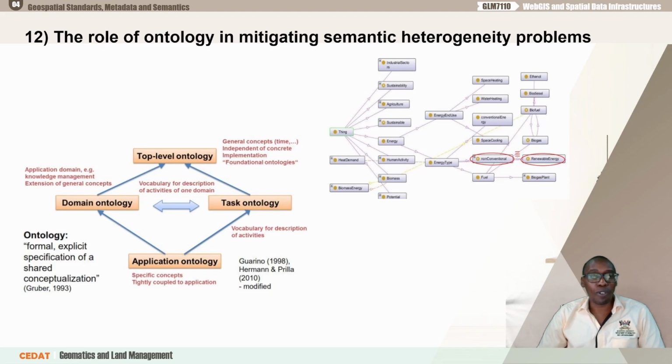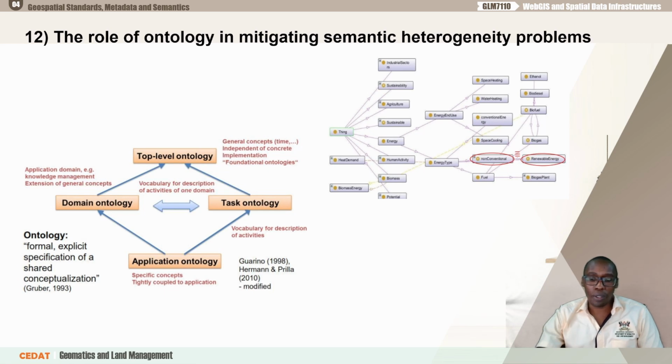And then we also have ontologies for specific domains. For example, SWEET is an ontology in the geospatial domain. And then we have ontologies that can be for a particular task. So it describes a particular activity. And then we can also have ontologies for a particular application.